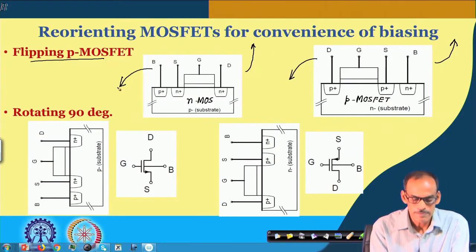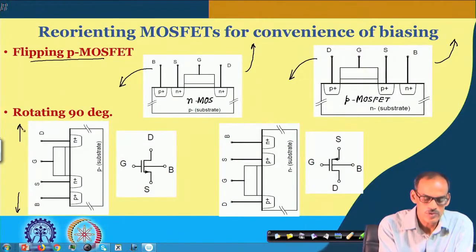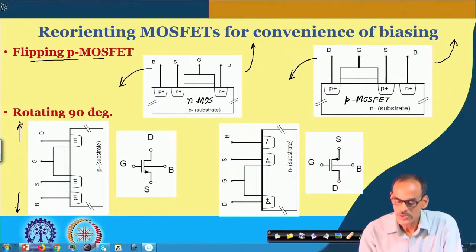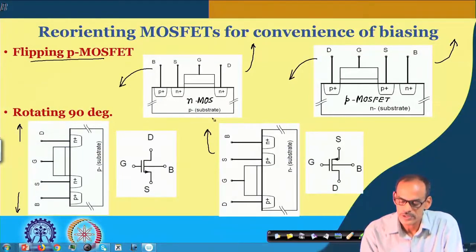As we are showing here, the body and source are coming towards the ground, and the drain is going towards the positive supply. So, here also the source and body are going towards the positive supply, and the drain is going towards the ground. Basically we are reorienting, adjusting ourselves so that the device orientation is consistent in the circuit. Whenever we discuss a circuit, normally we will be placing the device like this.